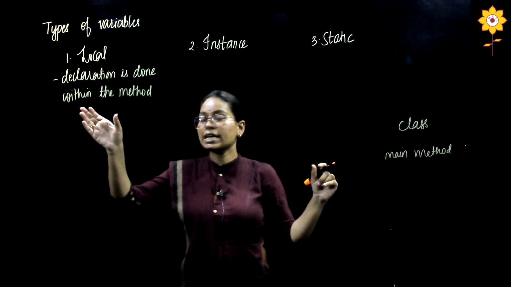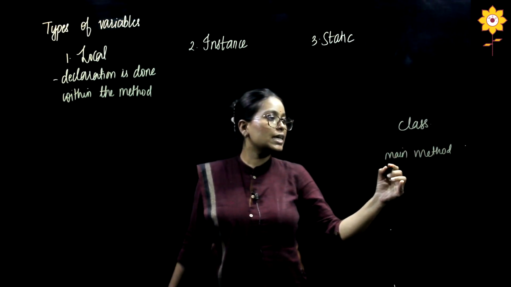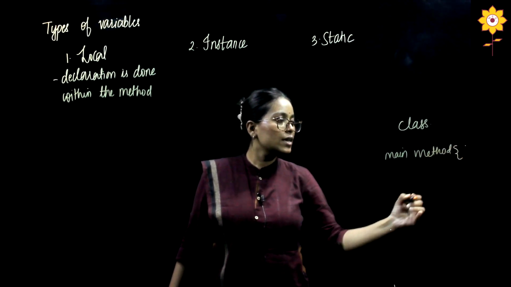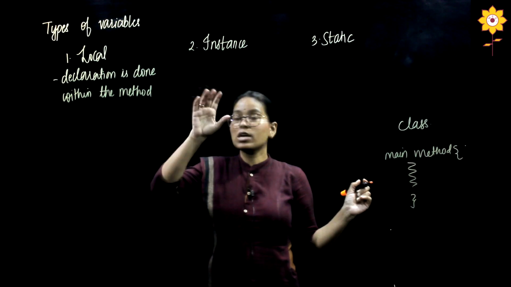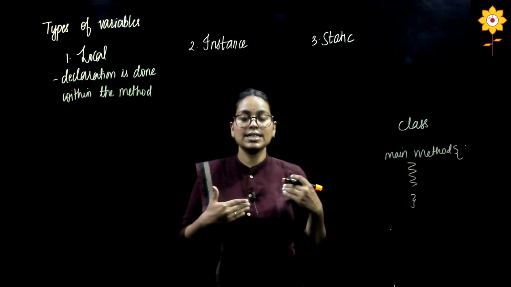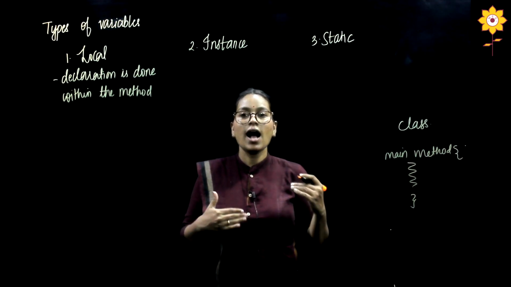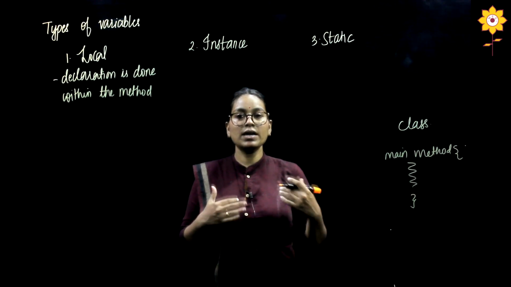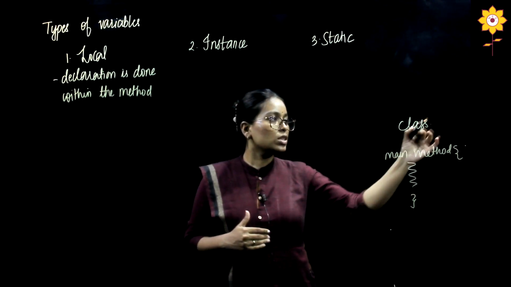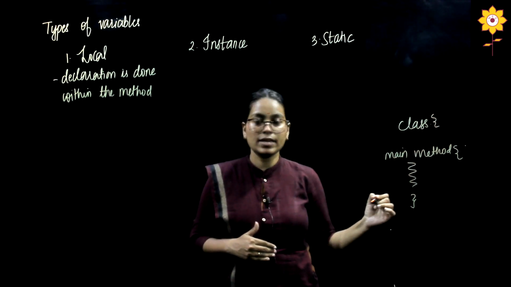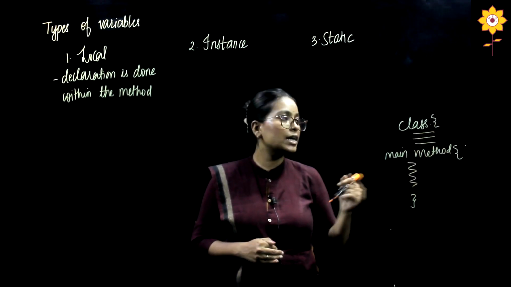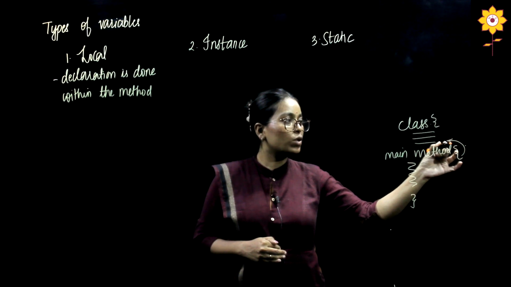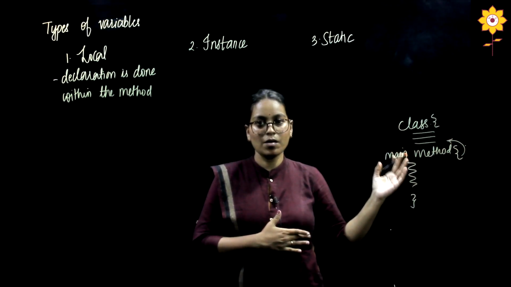So, when we are declaring these local variables, they are declared inside the main method over here, right. When we are talking about instance variables, as I told you, they are declared outside the main method, but within the class. So, the class starts here, right.